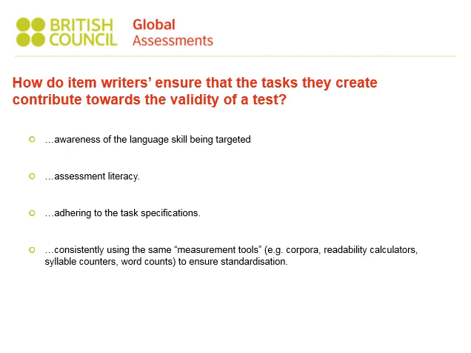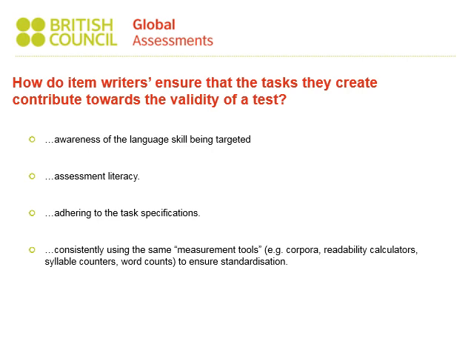And using the same, what I've called here, measurement tools. So we want to make sure that we are on the same page, so that the corpora we use are the same. So when we're looking at which words have been assigned to particular levels, we'll go into this in a bit more detail later, we need to be using the same list.